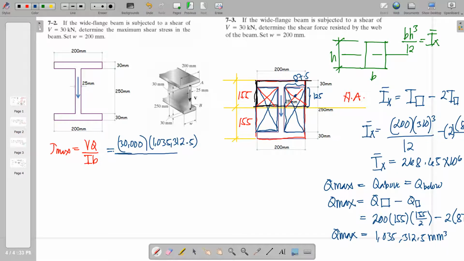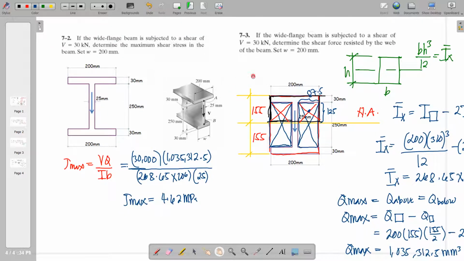Let us divide that by the calculated I, 268.65 times 10 raised to 6. So this is multiplied by the width, equivalent to 25 millimeters. So therefore, our maximum shear on that beam cross section is 4.62 megapascal. Okay, so that is for 7-2.